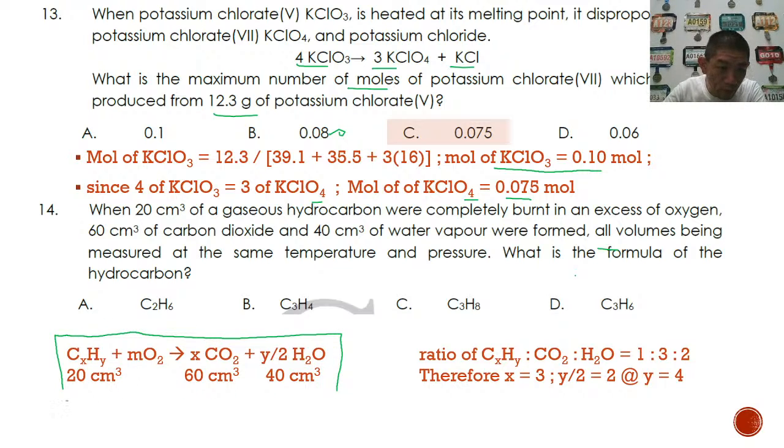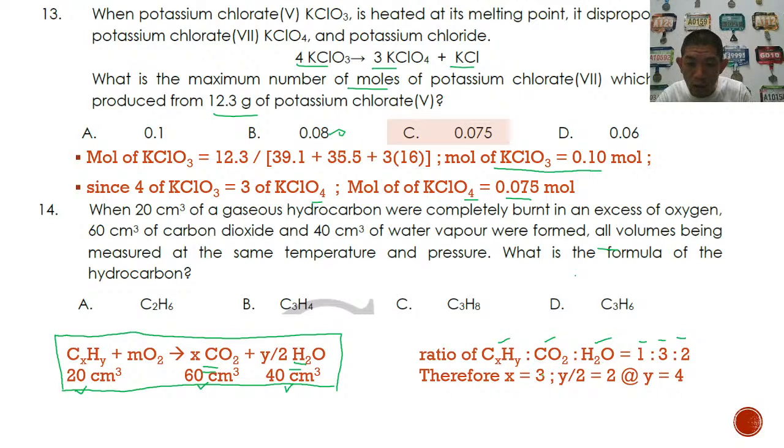Since in here we are only given the information of carbon dioxide and water, which is enough for us to eventually deduce the possible number. According to Avogadro's law, 20 centimeter cube of hydrocarbon will form 60 centimeter cube of CO2 and 40 centimeter cube of H2O. So the ratio of CxHy to CO2 to H2O is 1 to 3 to 2.